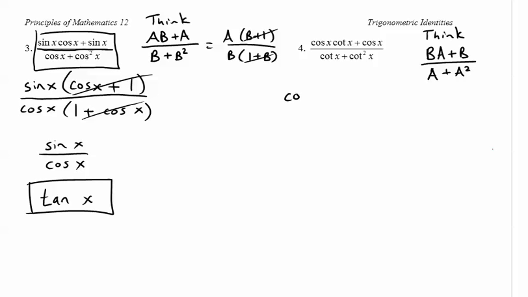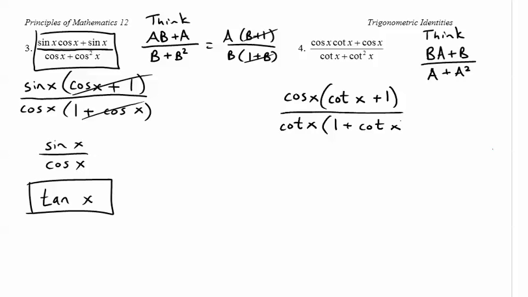Both the terms have cosine. Then what's left over? Cot divided by cosine leaves just cotangent x. Cos divided by cos is 1. The bottom term has a common factor of a, or a common factor of cotangent. So take out a cotangent, and what's left over is 1 plus cotangent x.